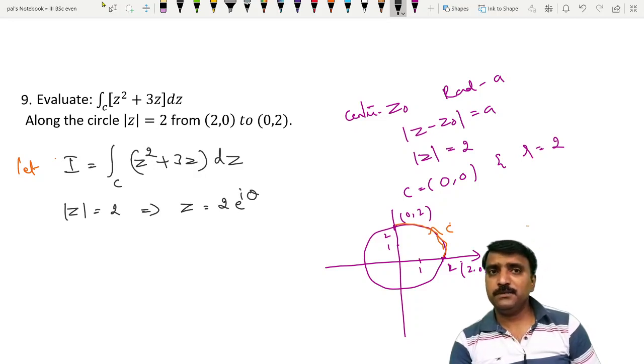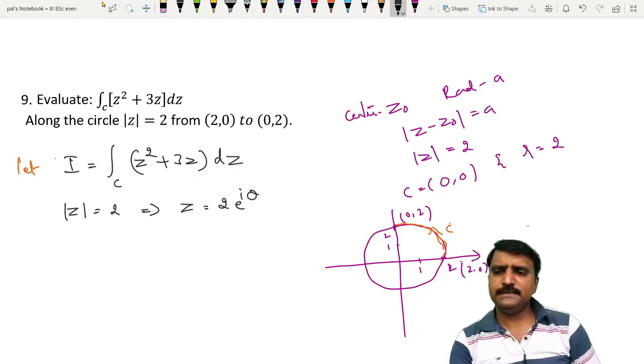Otherwise you can take x is equal to 2 cos theta, y is equal to 2 sin theta in parametric form, with theta from 0 to pi by 2 since the curve varies only in the first quadrant. But I am trying to solve this in terms of z, because if we stay in z, the problem can be solved very easily.